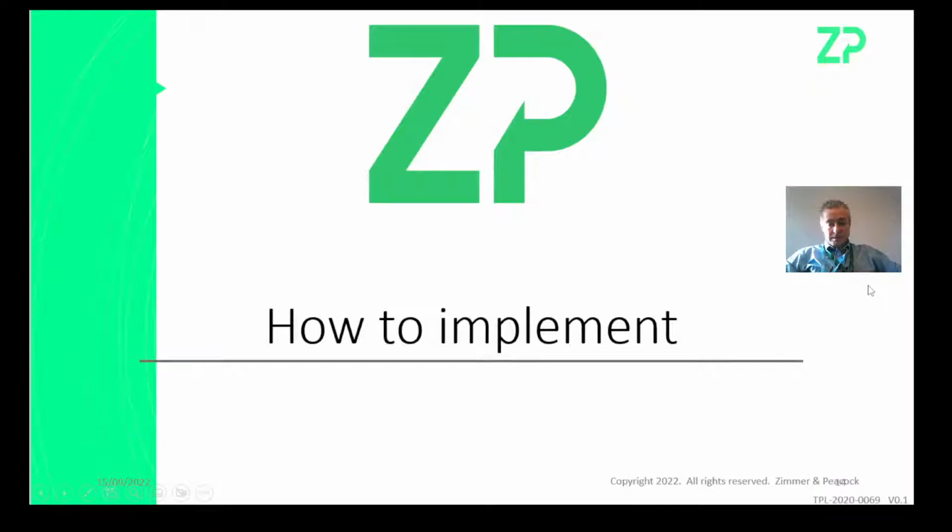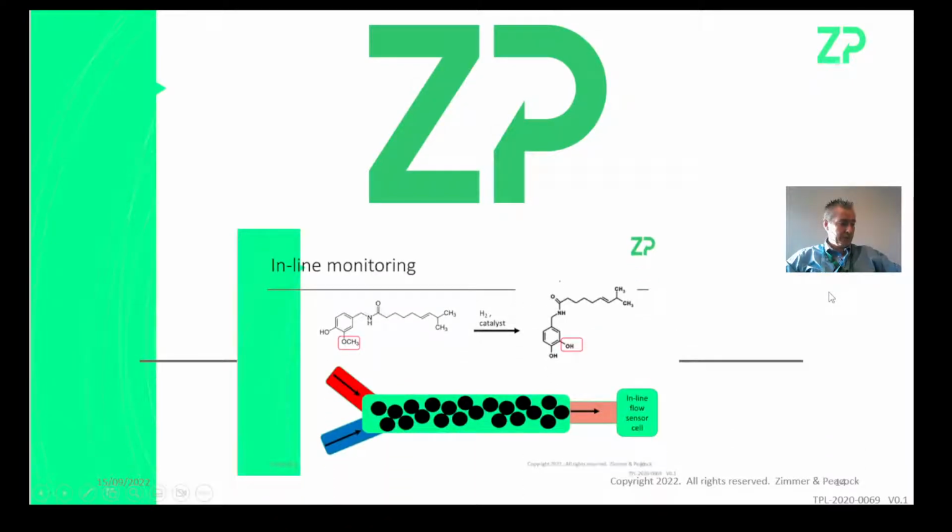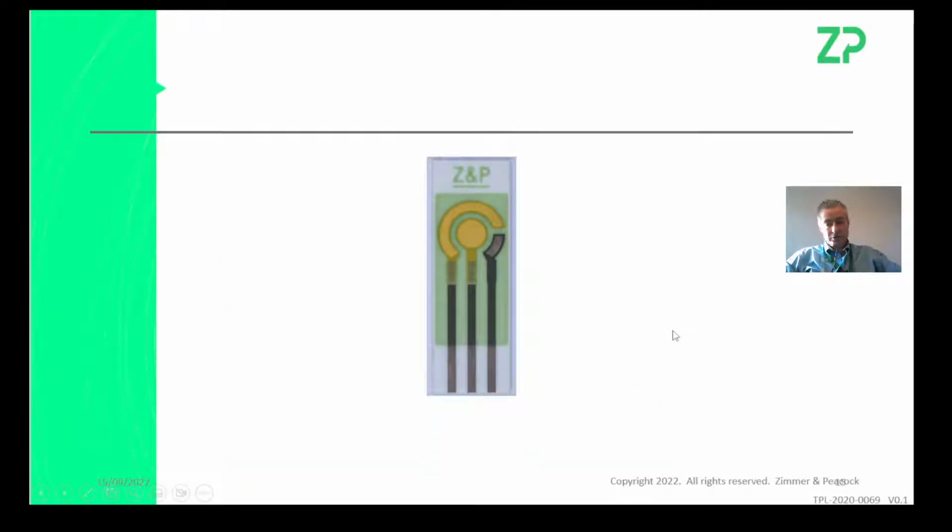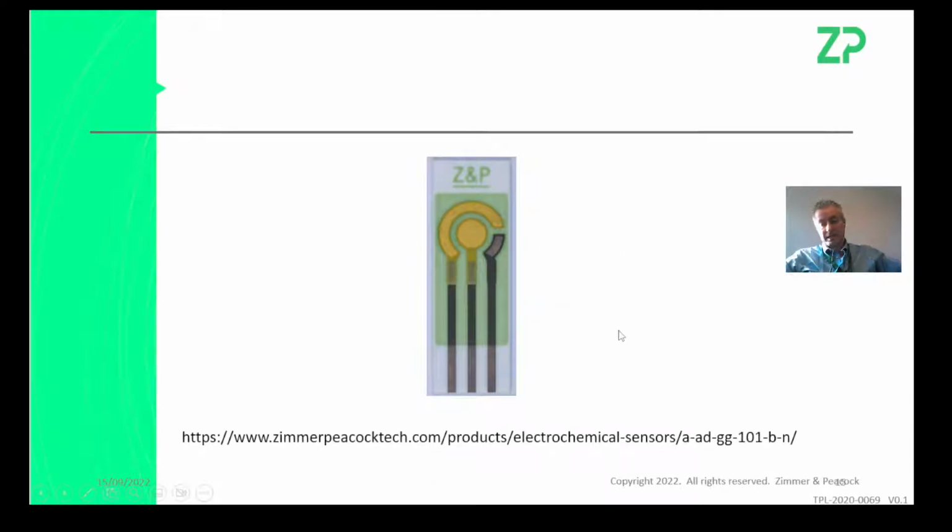So, how to implement inline monitoring in flow processes. What I mean is how to implement this flow sensor cell that I've indicated here. The way I would implement it, first of all, you need an electrode system. This is one of our ZP electrodes. This is the one I super recommend because it is very chemically resistant.